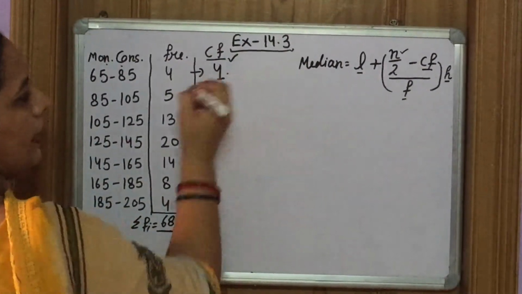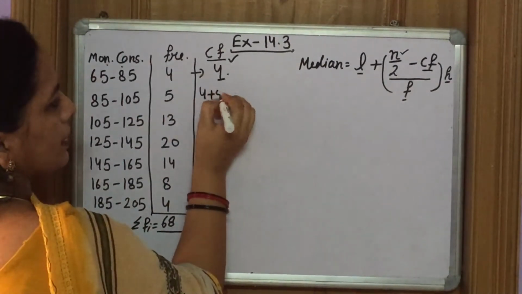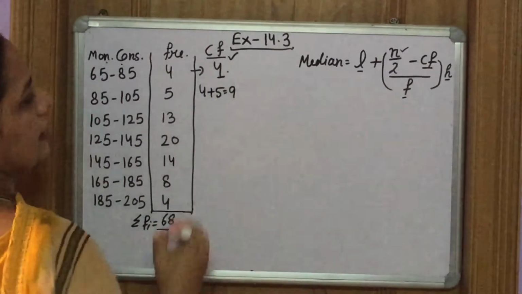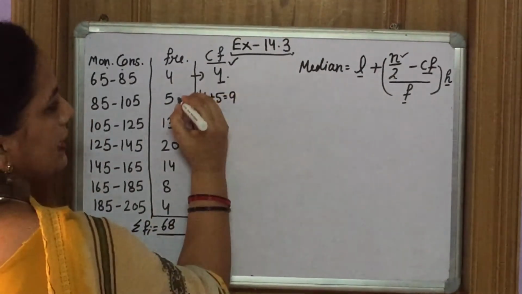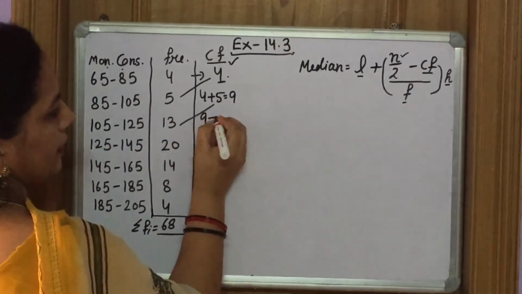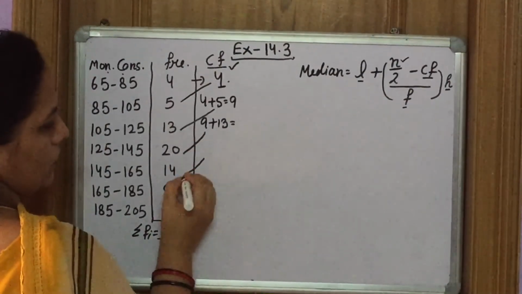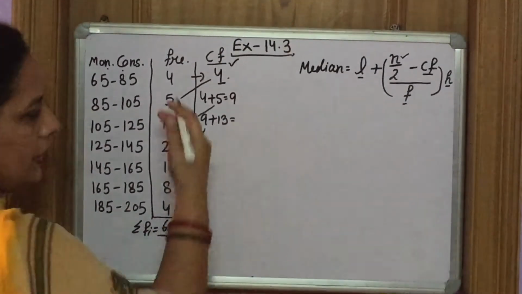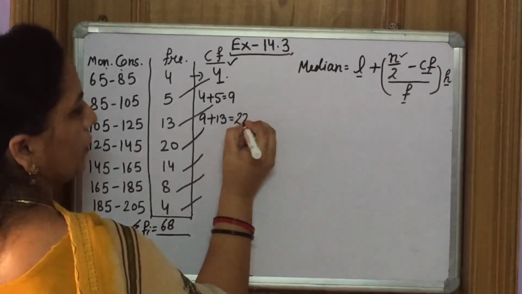Now start to obtain the cumulative frequency. The first number will be written as it is. The next number will be 4 plus 5, that is 9. That means we add the numbers of frequency by this method. After that 9 plus 13 will be 22.